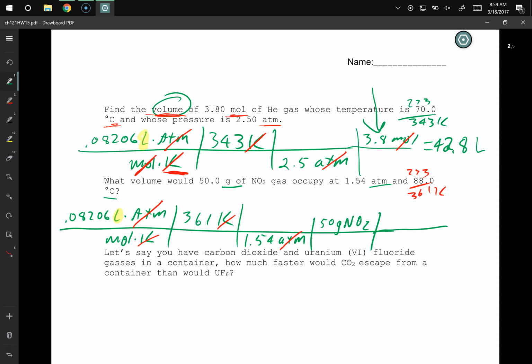I need to convert this into moles. So the mass of a nitrogen and 2 oxygens is 46.0014 grams NO2, and that's equal to 1 mole NO2. And so now that I've done that, I can take my grams of NO2 and cancel it out with that gram unit I put in the bottom, and now I can get rid of my mole unit that I needed to get rid of in the beginning.